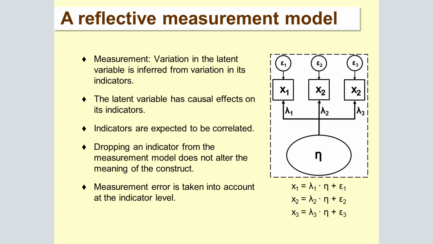And because of that, the indicators are expected to be correlated. Dropping an indicator from the measurement model does not alter the meaning of the construct. Measurement error is taken into account at the indicator level. That means every indicator is regarded as a measurement error prone manifestation of the latent variable.